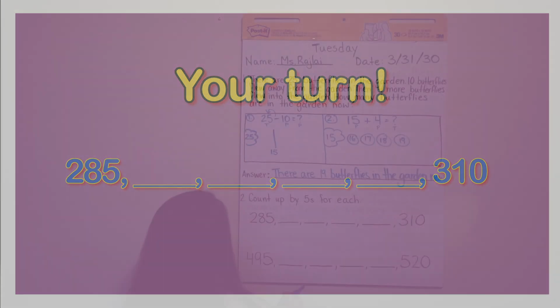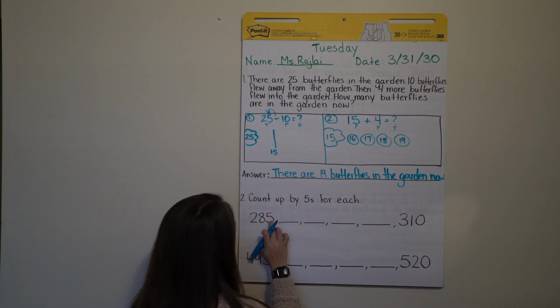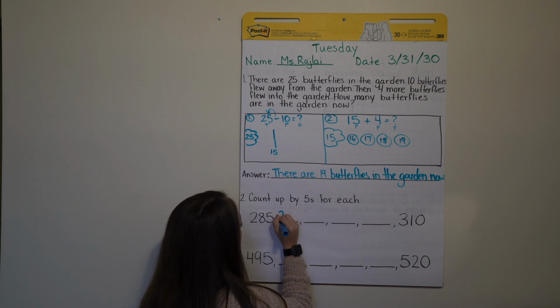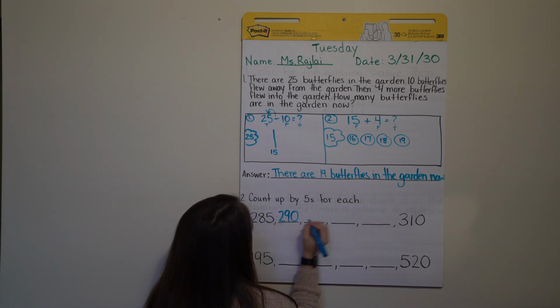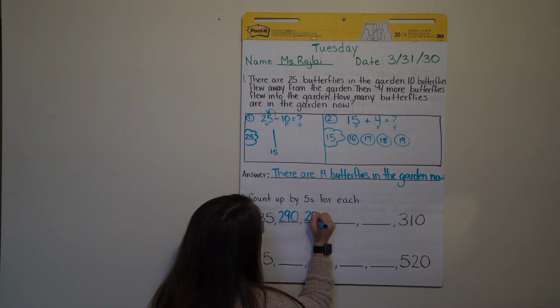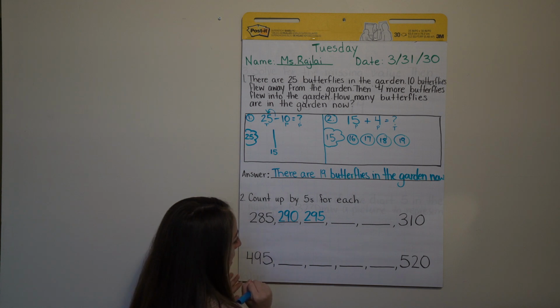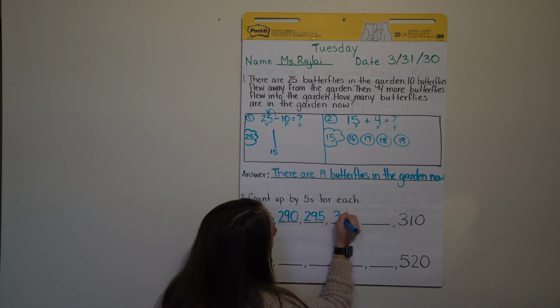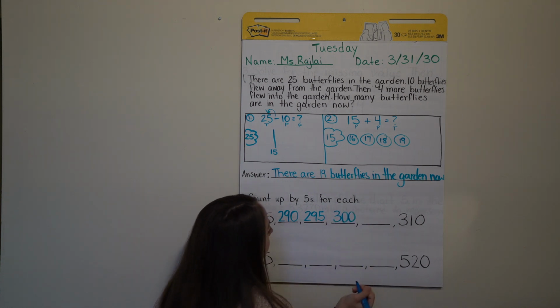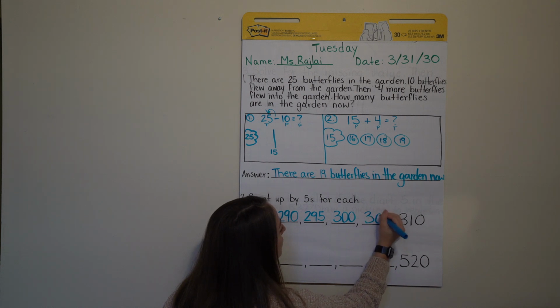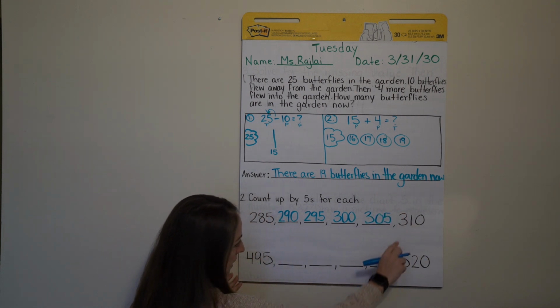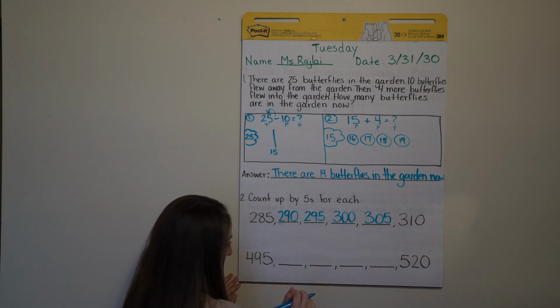I'm going to go ahead and start. 285, 290, 295. Oh, we're getting really close to the next 100. 300, 305, and the last number is 310.